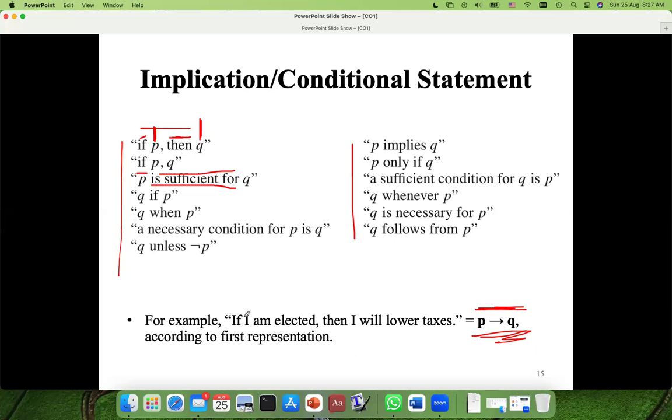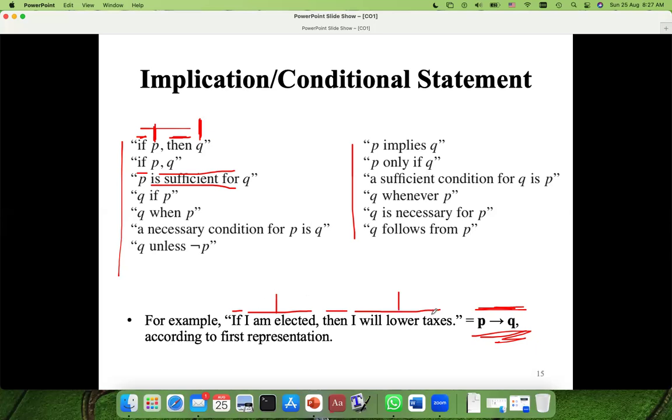For example, here there is a sentence: if I am elected, then I will lower the taxes. So these are the two sentences, and the if and then are the format. If, and then you have two sentences.